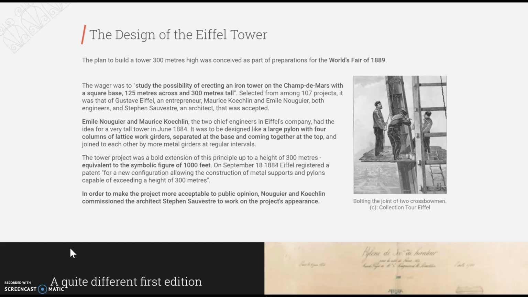The Crystal Palace was the first of these big world fairs in London 20 years beforehand, and we'll look at that. But it's an important idea for this period. Each country demonstrating what they can produce. So as the host country, the Eiffel Tower is going to be the signature landmark for this event.